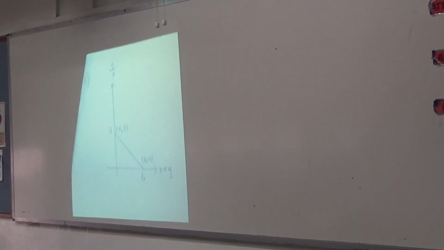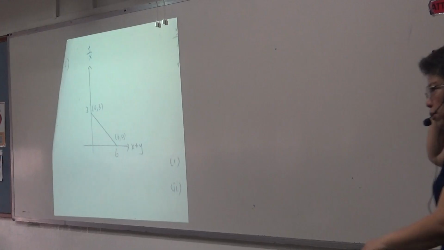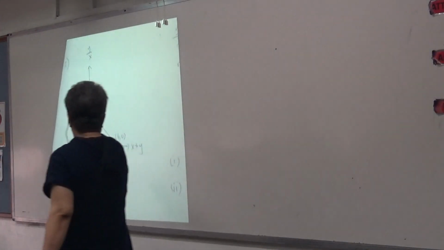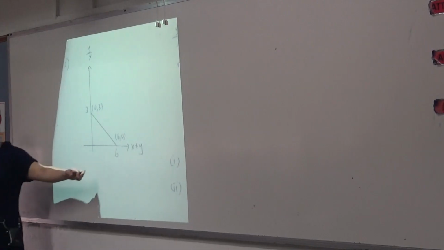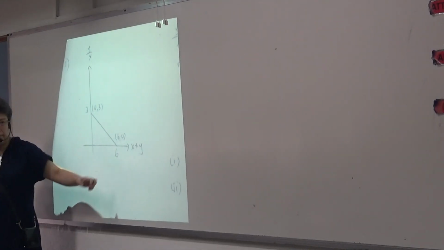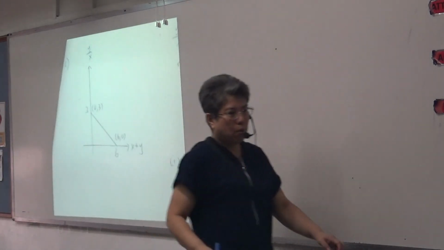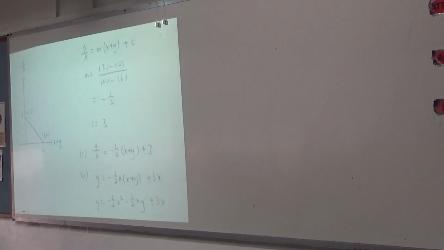Now, part C is the one that is very long-winded. Let's look at part C. Can we look at this graph first? All of you look up. It is drawing x over y against x plus y. Everybody see? So my equation will be like this, right?